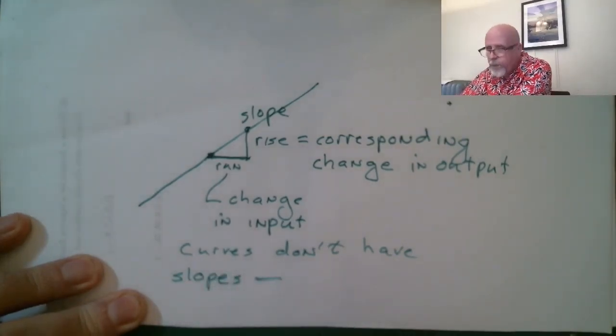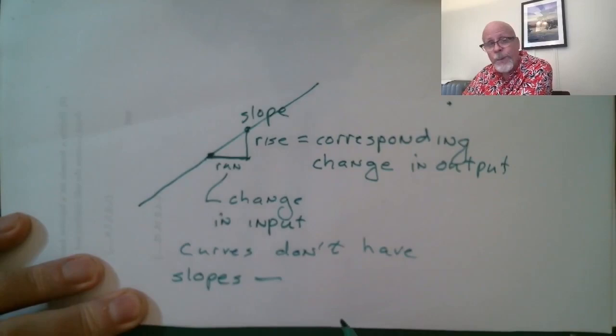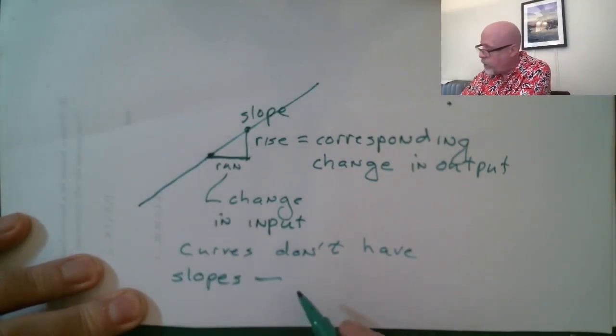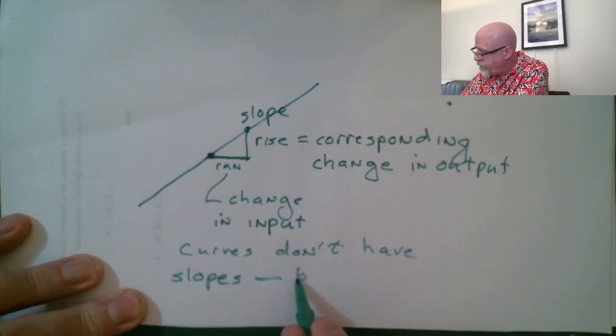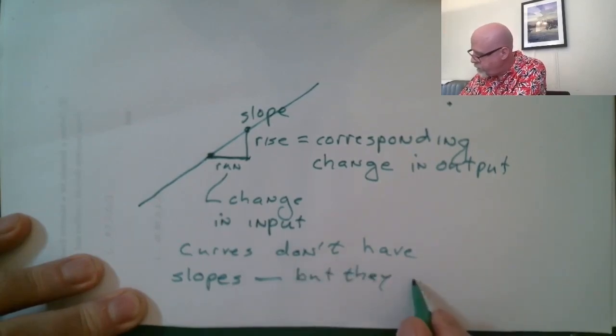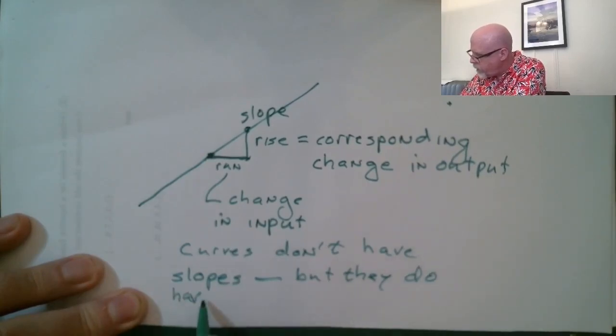And so what we do is basically figure out the slope of the corresponding tangent line and use that as the slope for the curve. Now, oops, there's some terminology that we need to learn.